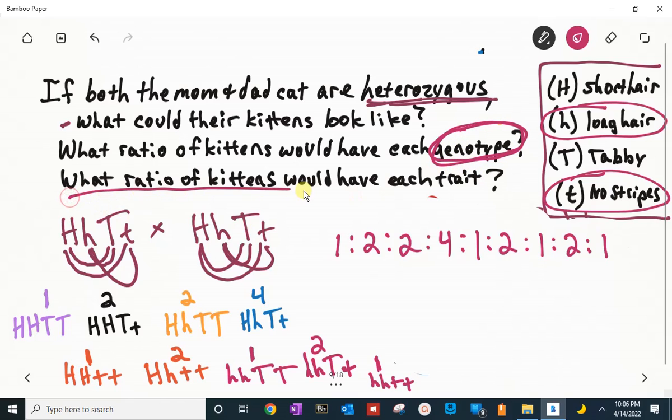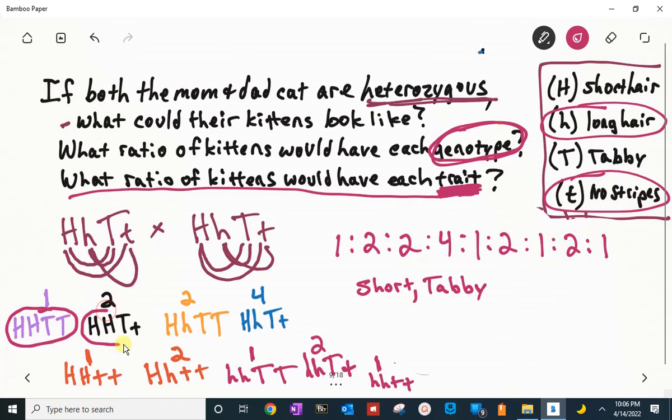But what ratio of kittens would have each trait? Well, the genotype, as you should know by now, is not the same thing as what actually happens with their bodies. We have to figure out how the kittens are going to look. In this first one, it's all capital, dominant for both, so we're going to have short hair and tabby, or stripes.